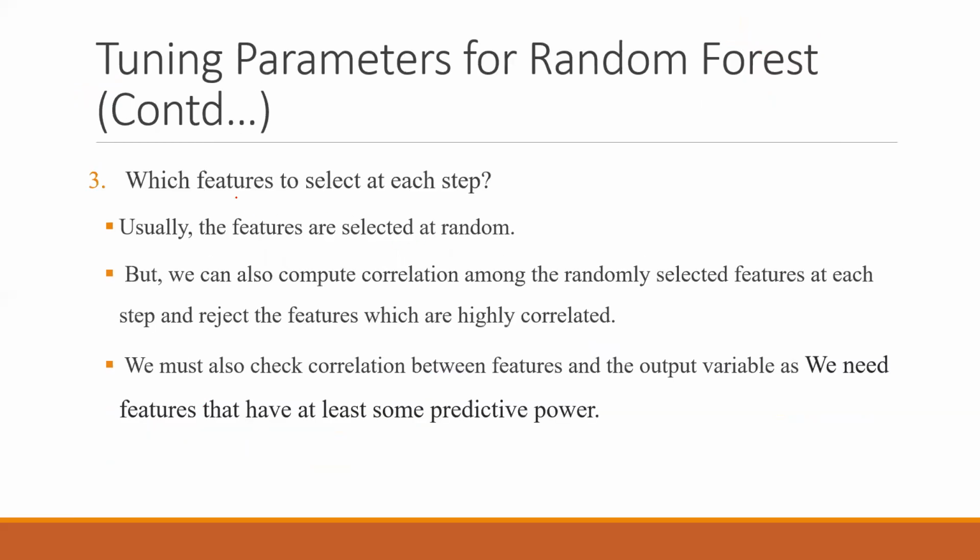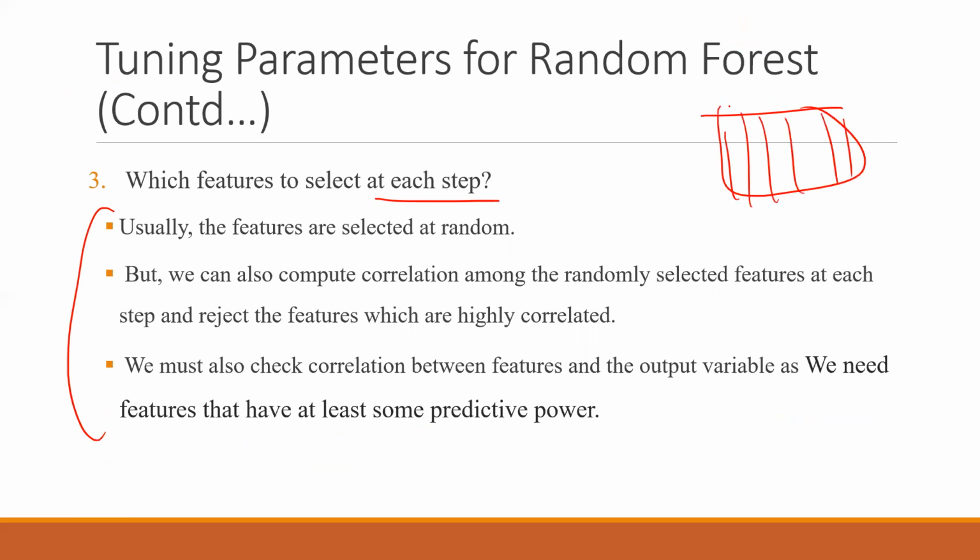Now the third question is which features to select at each step. How to decide which feature has to be selected? I have been saying that features are to be selected using the ID3 method, or the Gini index, all those values. But in addition to that, usually the features are selected at random, right?